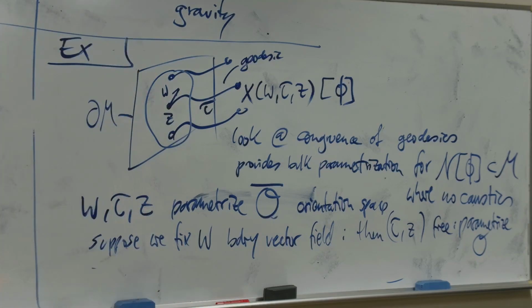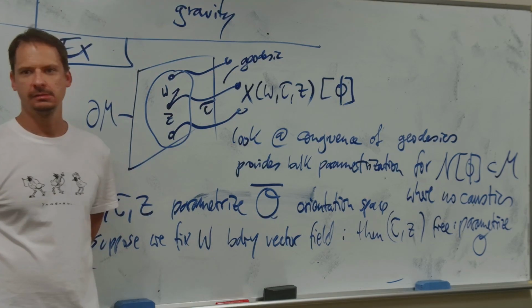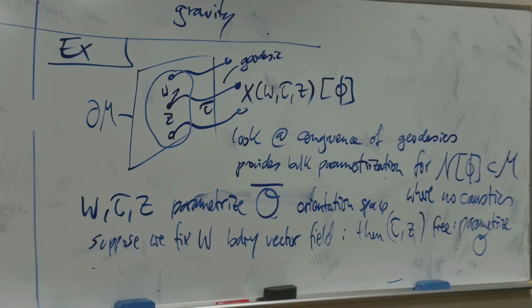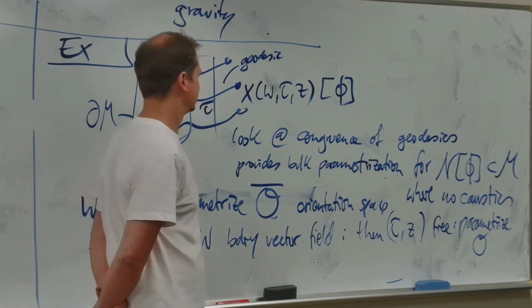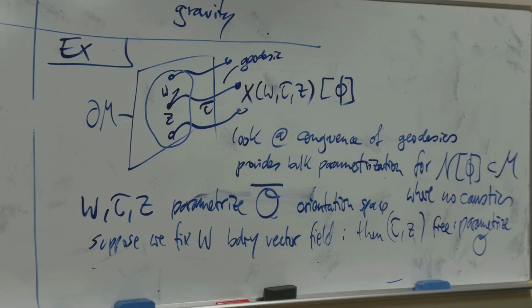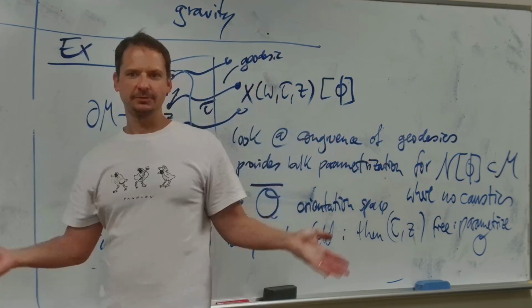So is it trivial that fixing W like that, you can reach any point in the bulk? No, in general you cannot. This may not be a good description for every single point. There will be some region such that it provides a good parameterization.